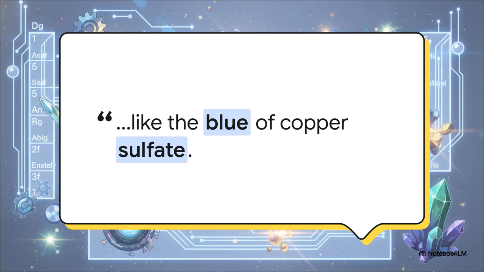It is intensely visual. Take a look at this quote right from our foundational text. It specifically highlights the, quote, blue of copper sulfate. Seriously, when you see that stunning bright blue liquid sitting in a beaker on your lab bench, you are looking directly at the visual evidence of a D block element, copper in this case, doing exactly what its D subshell architecture dictates. It really is a beautiful thing.